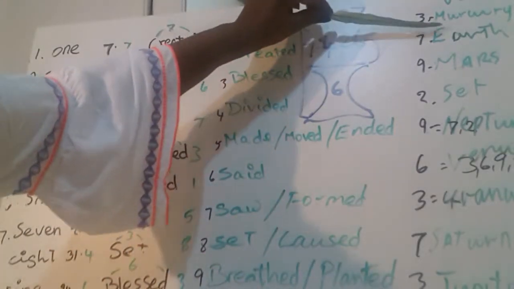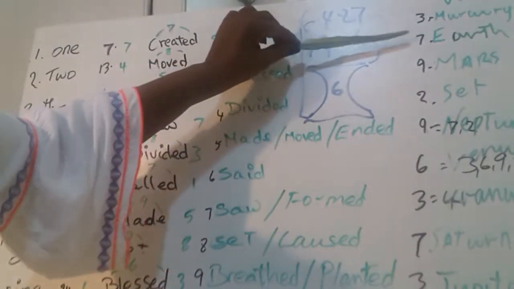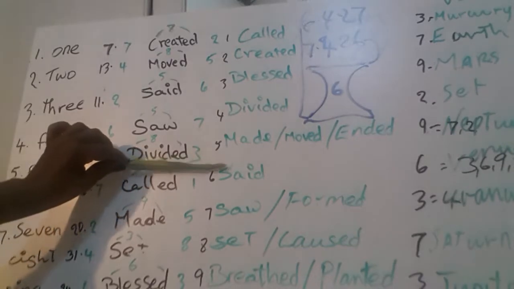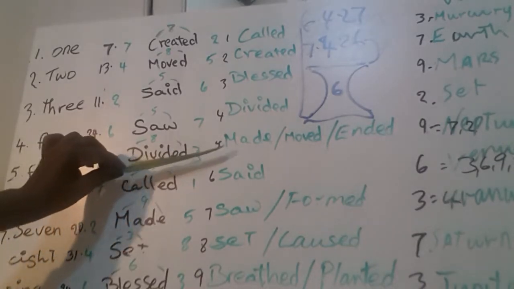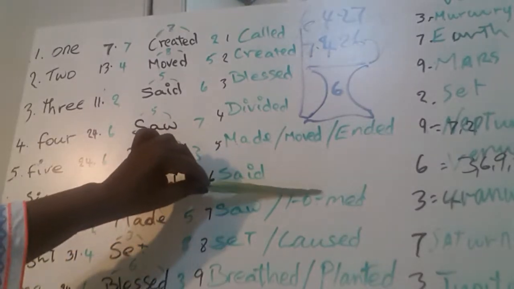So for instance, Earth equals 7, and basically 7 would correspond with number 6, which is also Mother Eve as the serpent, but it would be the saw God and the formed God.